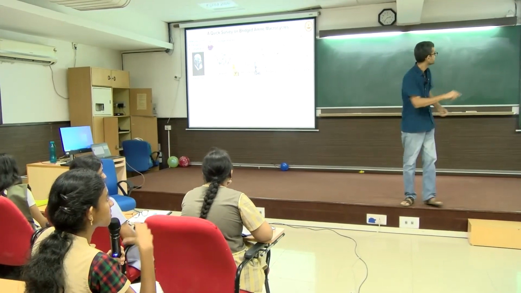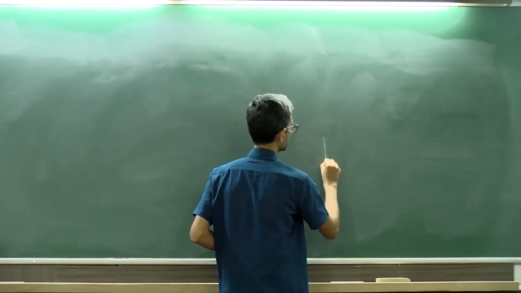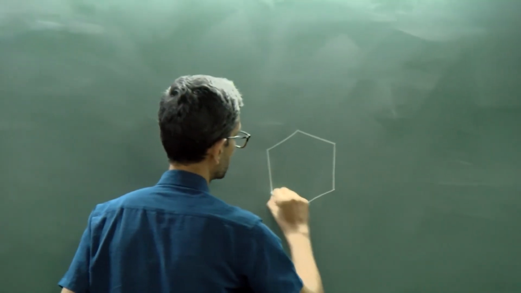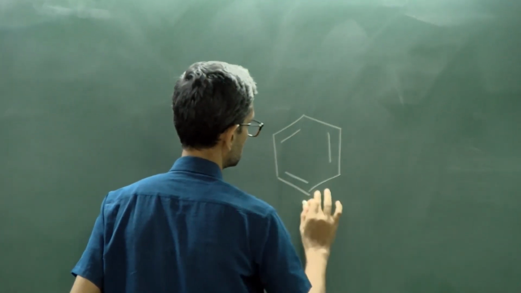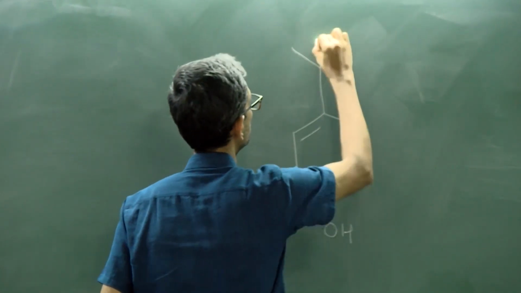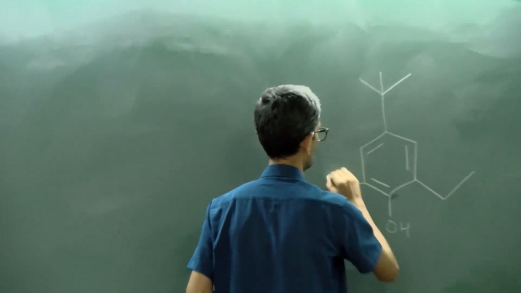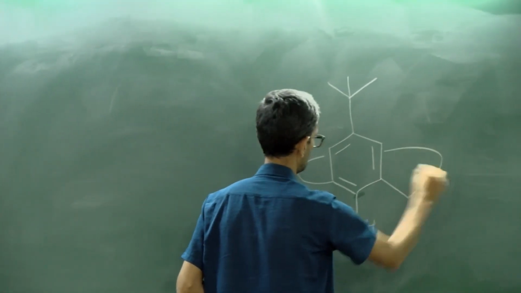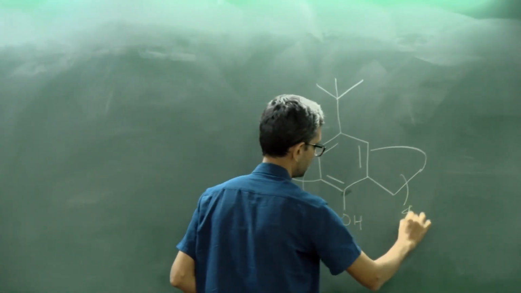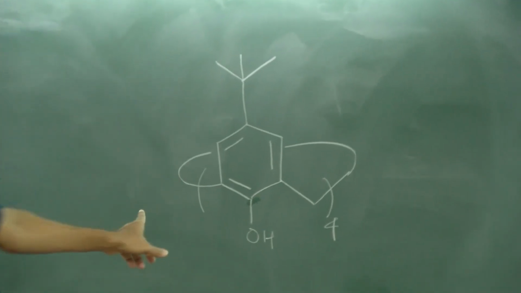We are placing the tertiary groups at the para position of the phenyl. So you can imagine the structure. Just write the monomeric unit. From here you can extrapolate. See this?